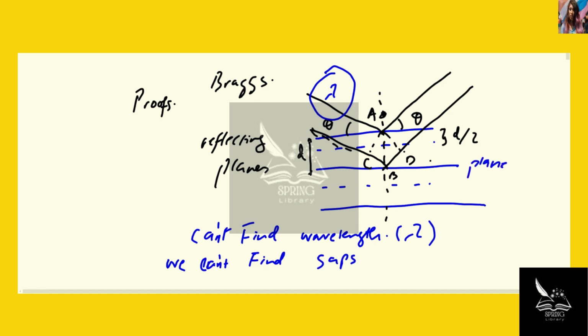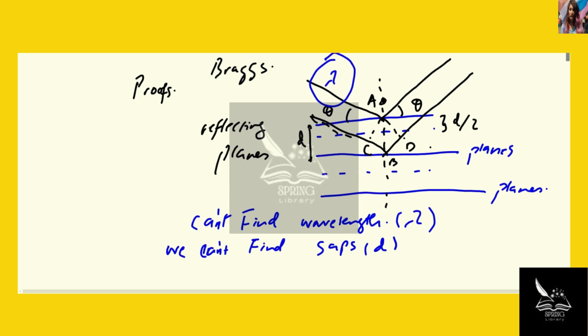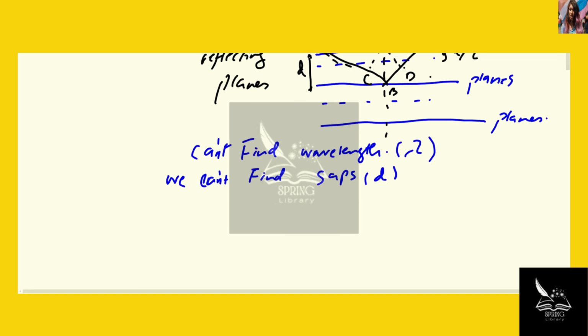These are the planes that you're looking at. These are the specific planes you're looking at. So we can't find the gaps, and we also can't find the lambdas, the wavelengths, and the reason why we're saying we can't find it is that we can't find these two by using Bragg's law.